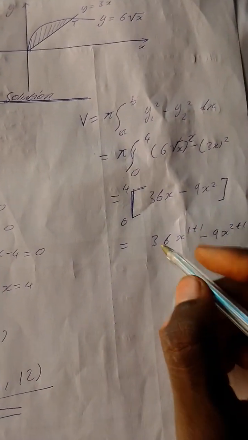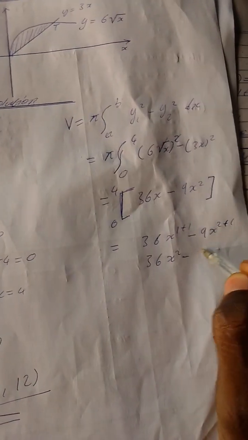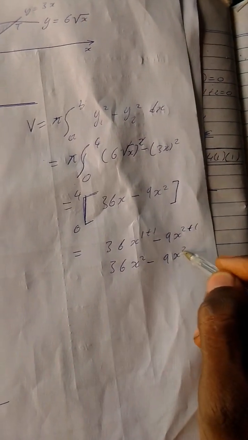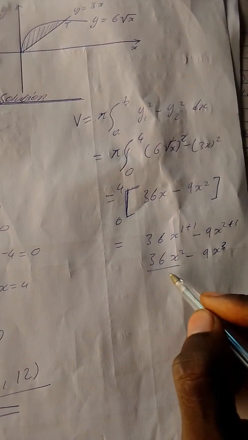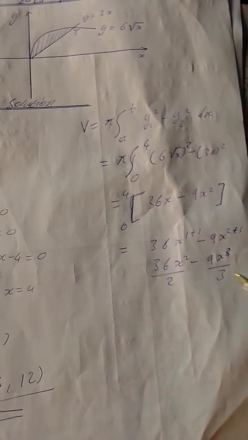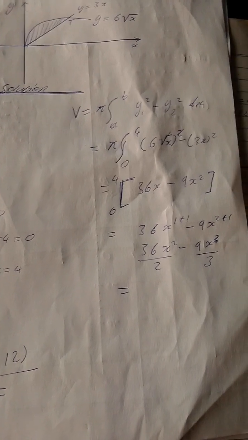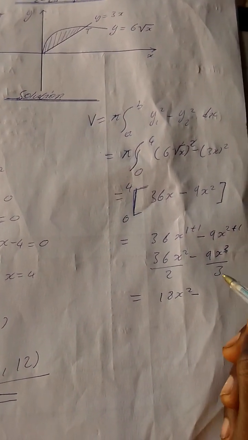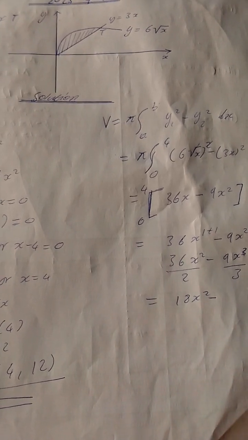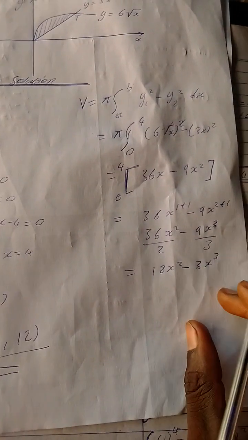After continuing simplifying, it will be 36x squared minus 9x cubed, and then integrating, you divide by the power you get after integrating. So now we continue. It will be 36 divided by 2, which is 18x squared, minus 9 divided by 3, which is 3x cubed. That's a simple version.